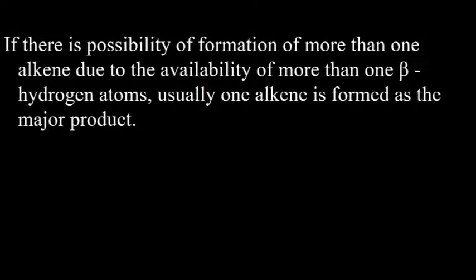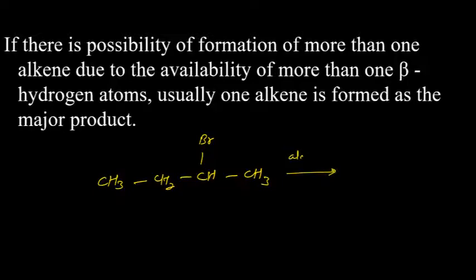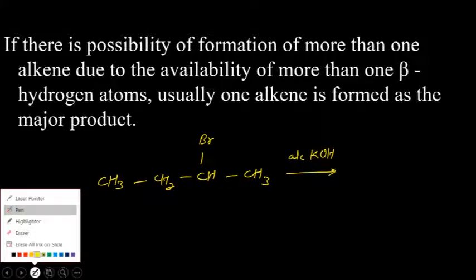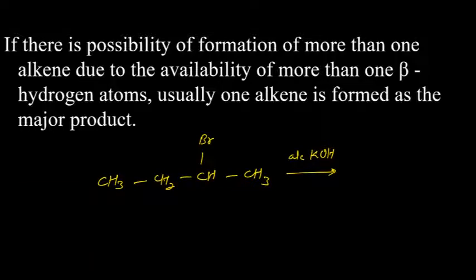If there is a possibility of formation of more than one alkene due to the availability of more than one beta hydrogen atom, suppose you have CH3, CH2, CH, Br, CH3, and you react it with alcoholic KOH. There are two possibilities because you have two beta carbons. So this is alpha, this is beta, this is beta.